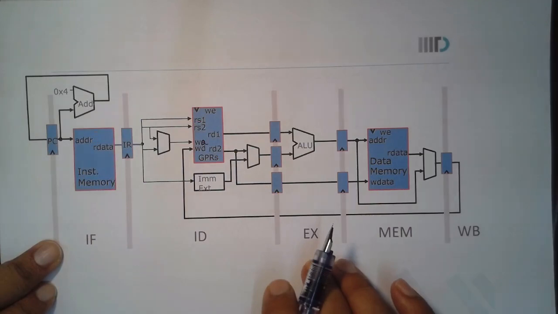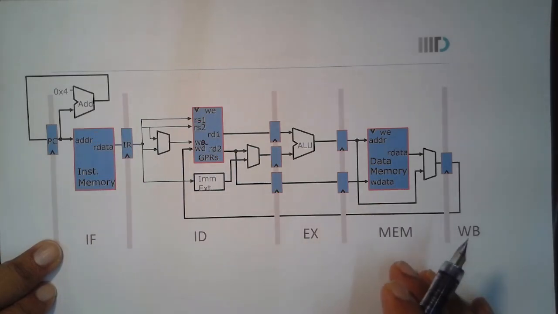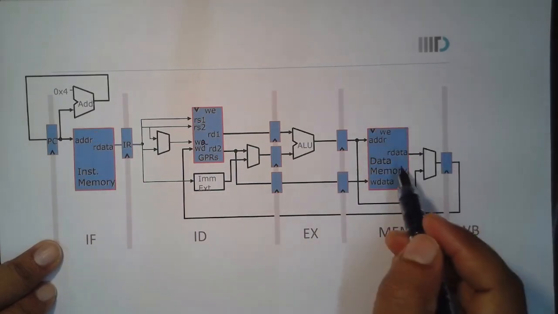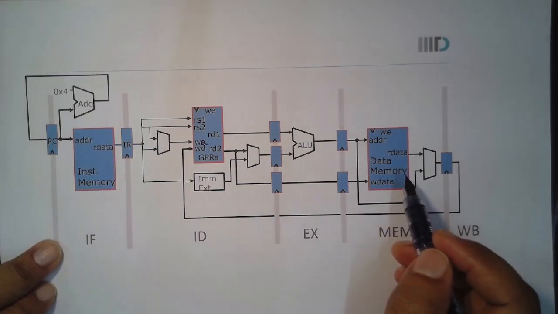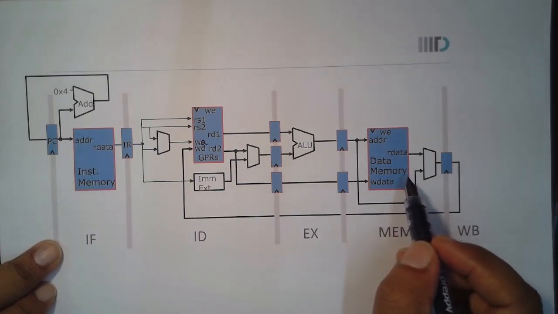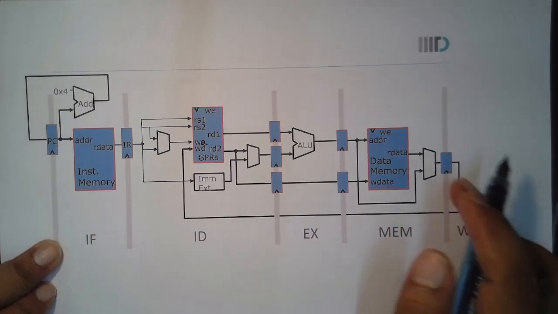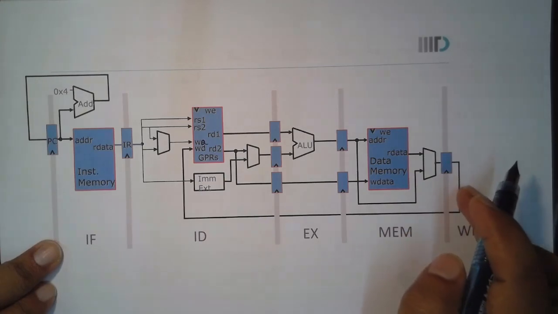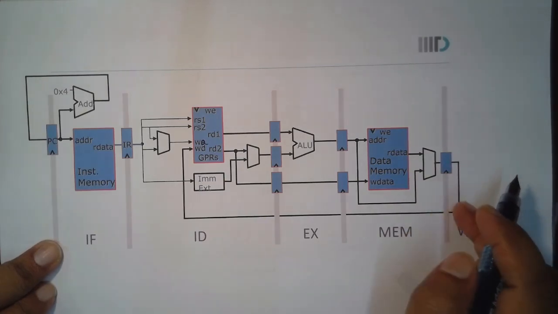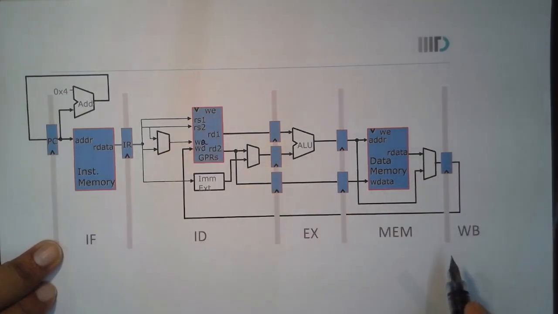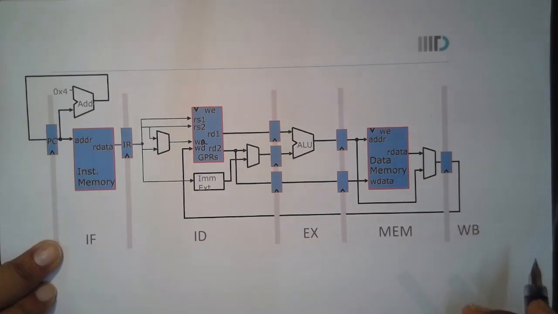Then there is your execution stage and memory stage, where you are primarily dealing with load store instructions, reading and writing the data memory. And finally you have write back, where you are updating the register file with the appropriate values. All right. So this is your first 5-stage pipeline.